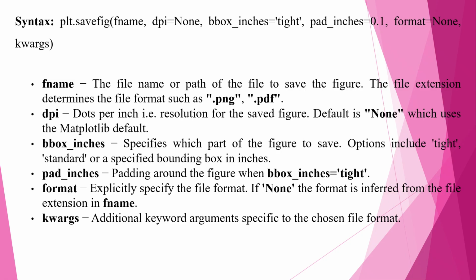The bbox_inches parameter is used to define how much of the figure should be saved, and setting it to tight ensures that unnecessary white space is removed. The pad_inches parameter adds a small amount of padding around the figure when using tight bounding. The format parameter can be used to explicitly define the file type if needed, and additional customization can be done using other keyword arguments. Overall, these operations help in saving high quality and properly formatted visualizations.